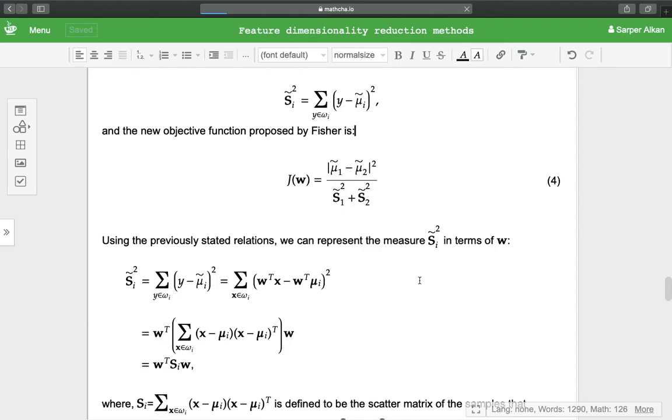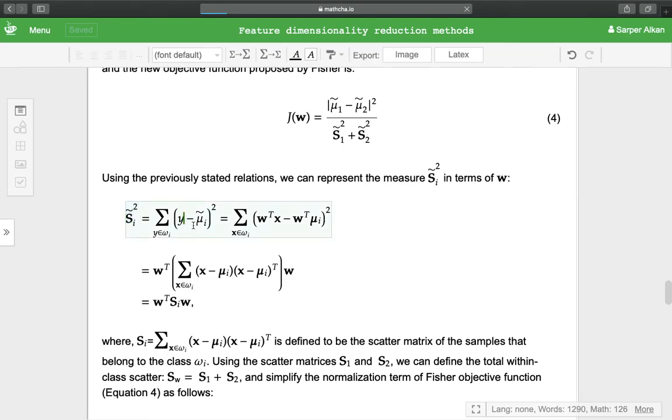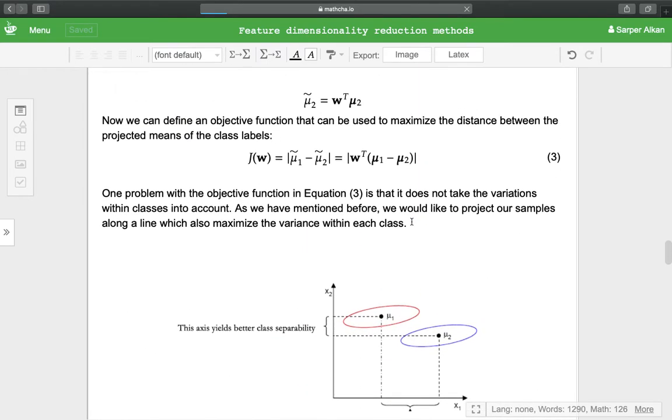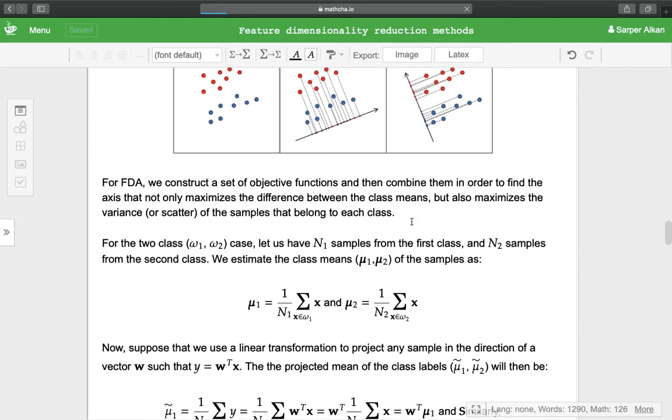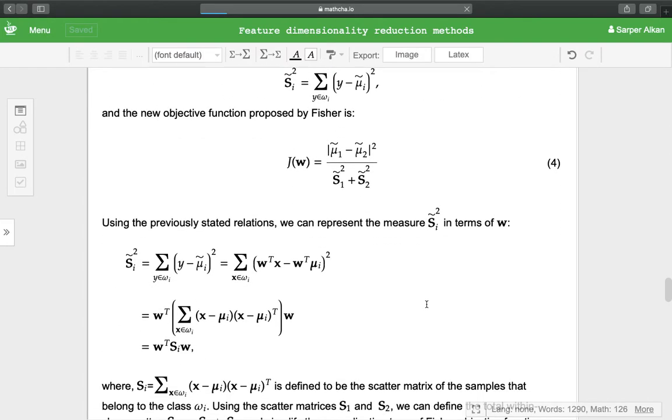Using the previously stated relations, we can represent the measure s i squared in terms of w. Since s i squared is defined to be the sum of y minus mu i tilde squared, we have that y equals w transpose x, and also mu i tilde equals w transpose times mu i.